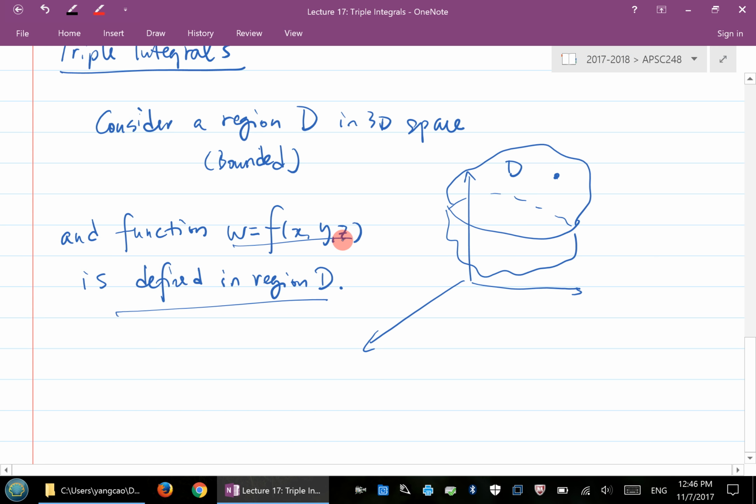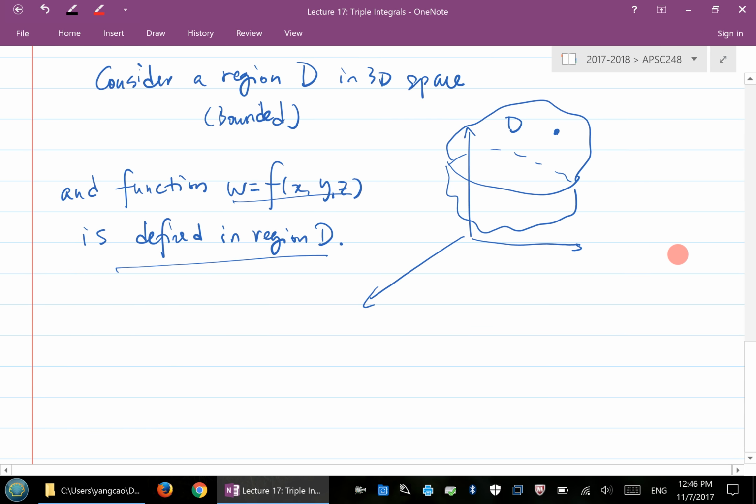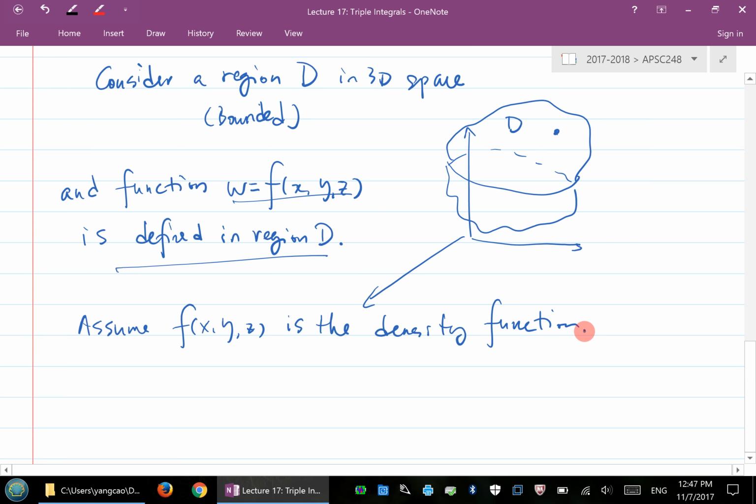So now what I want you to consider is a very specific case. Just assume this function is the density function. It represents the density of this region D, or the solid object represented by the region D. So now we want to compute the mass.